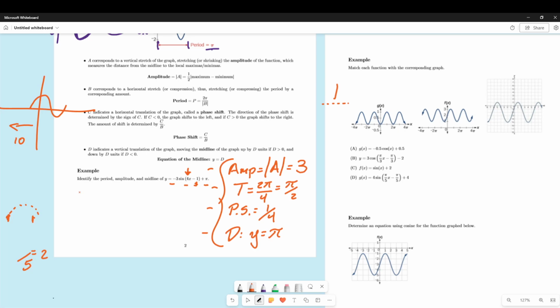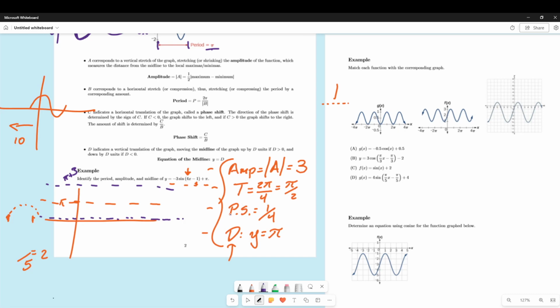But if we want to sketch just the roughest of graphs, we'll sketch some nicer graphs later. Our midline is at y equals pi, so at pi we're going to have a midline. We're going to go up and down from that midline 3, so pi plus 3 is a little more than 6, and down 3, so pi minus 3 is almost 0, but not quite.